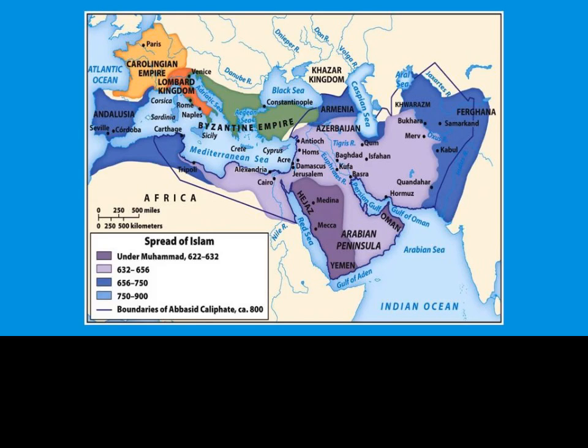Now, up here, the Carolingian Empire, well, Charlemagne was crowned in the late 700s and ruled into the early 800s. It gives you kind of an idea.